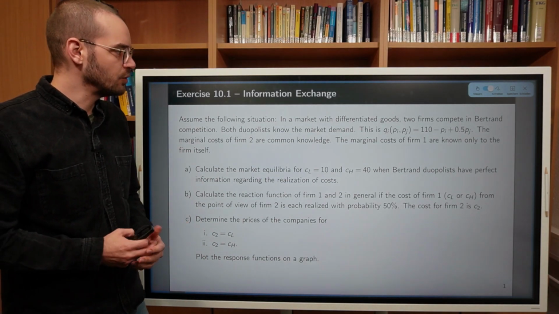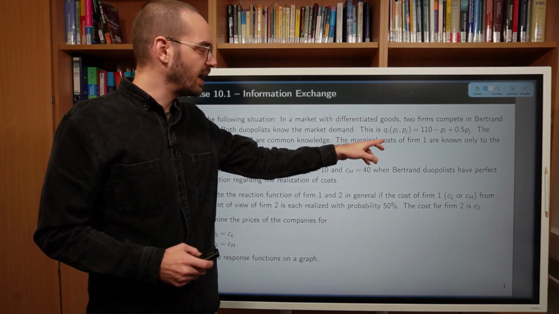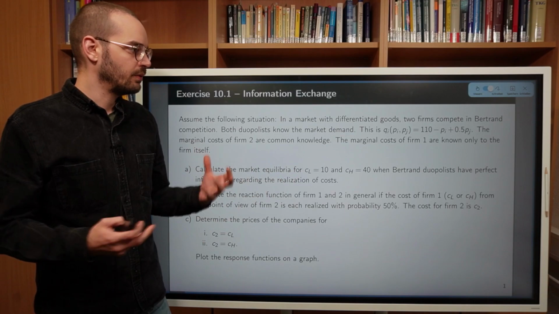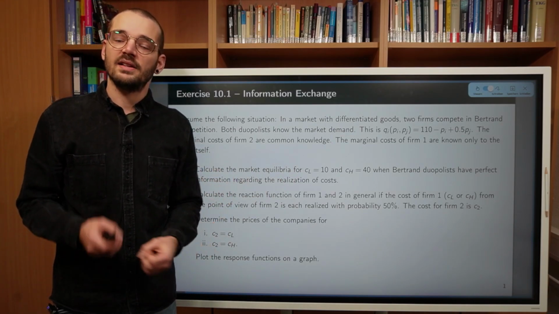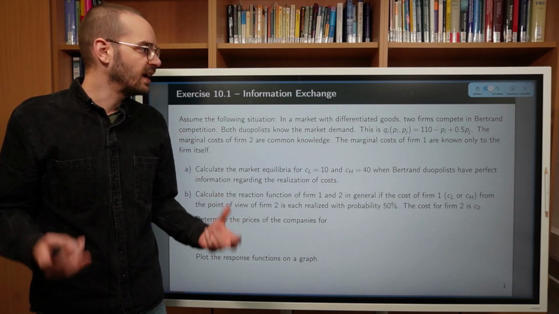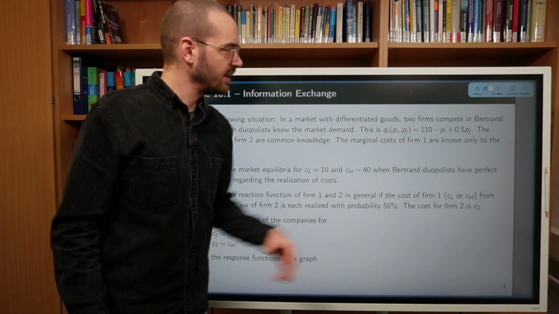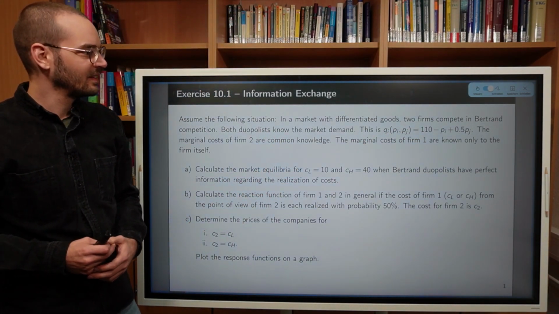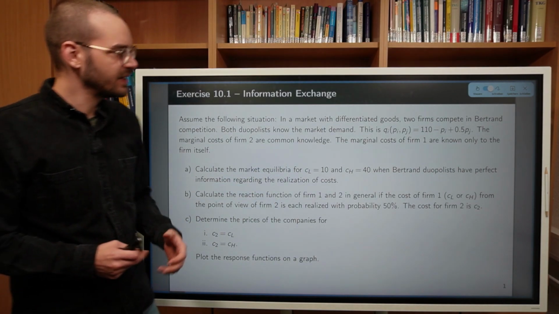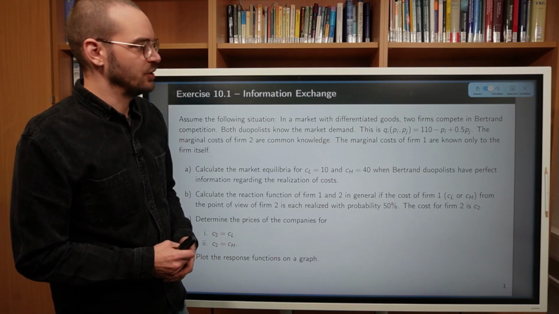Both duopolists know the market demand, which reads Qi, the demanded quantity for good i, as a function of the price of good i as well as good j, Pi and Pj, equals 110 minus Pi plus 0.5 Pj.